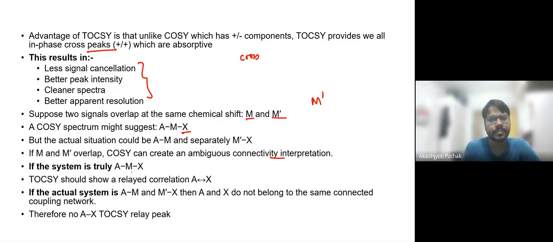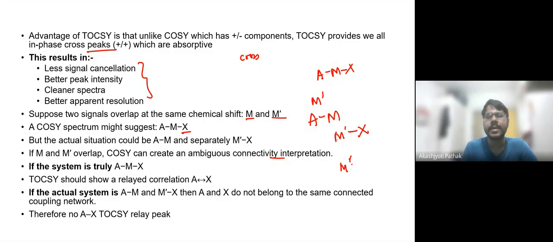But if you perform a TOCSY now, for example, you have A-M separate and M dash separately coupled to X. Your COSY information will provide the information that A is coupled to M and M is coupled to X, but it will not be able to differentiate whether A is coupled to M, but M dash is not coupled to A; it is coupled to X. That information will be provided when you do a TOCSY, because since A is not coupled to X, you will not get a cross peak for AX.